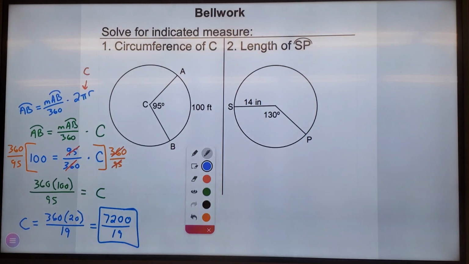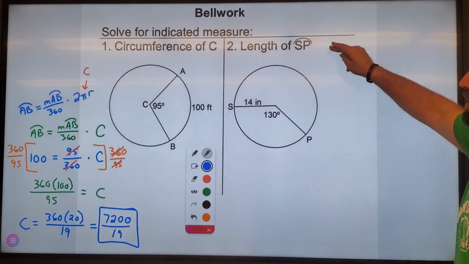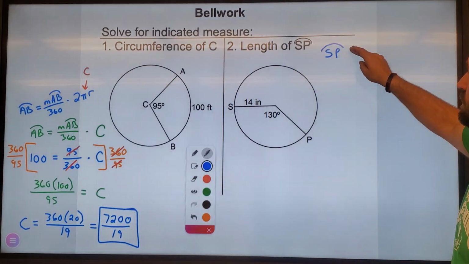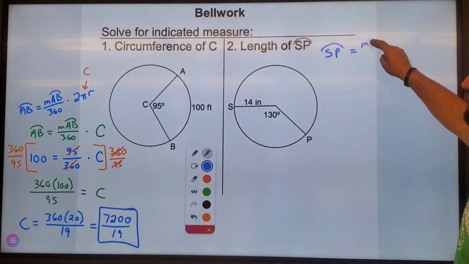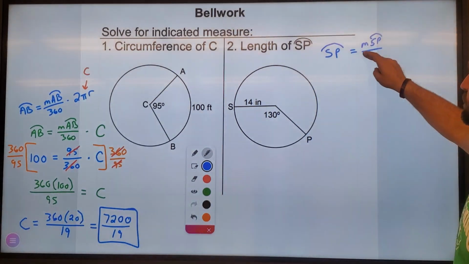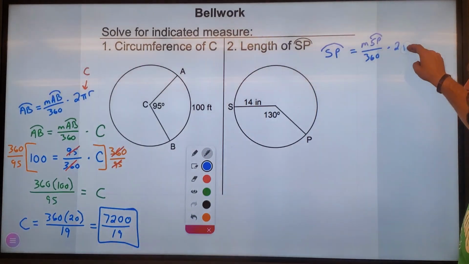Okay. Number 2 is then asking for the length of SP. So again, we're going to go back to the original equation, and plug into that and find out what the length of SP is. SP equals the measure of SP over 360 times 2 pi r.